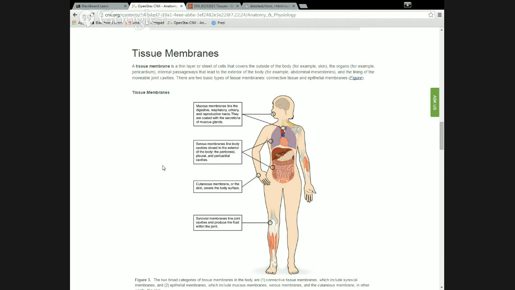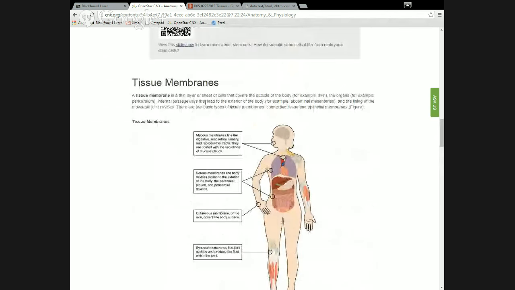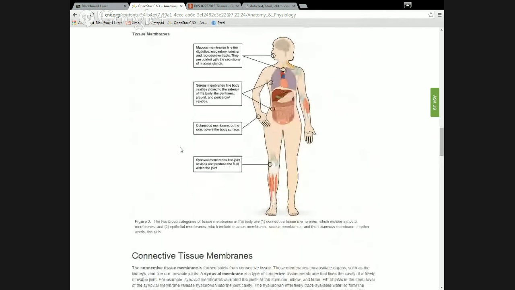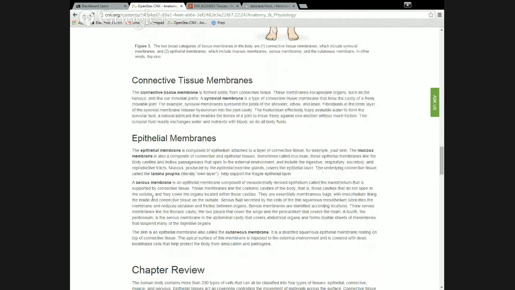After the figure here laying out the four major types, it then refers to connective tissue membranes. I should say up here it defines tissue membranes. So it refers to connective tissue membranes first, which is actually the fourth box in the picture above. And then it lays out the three types of epithelial membranes.